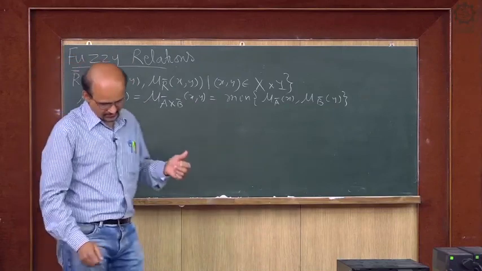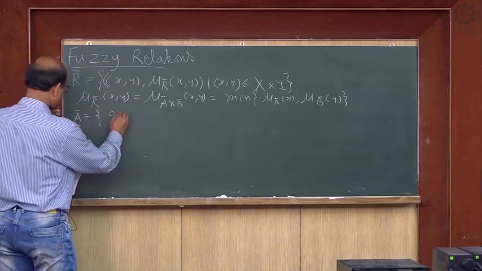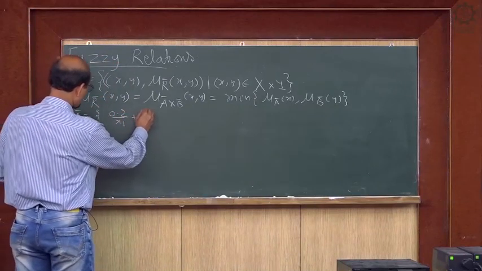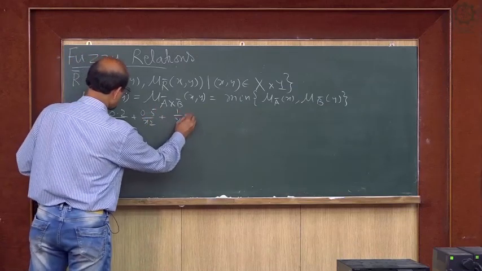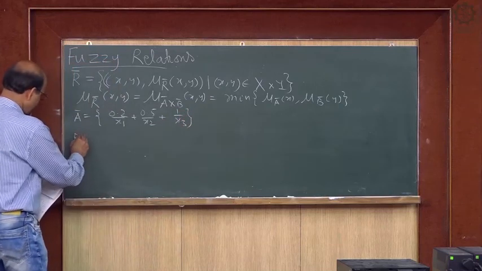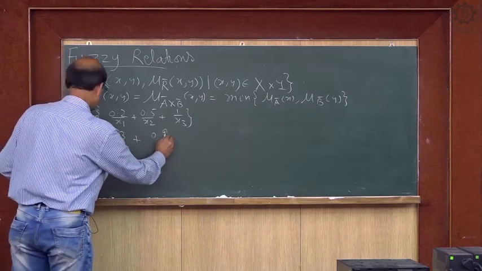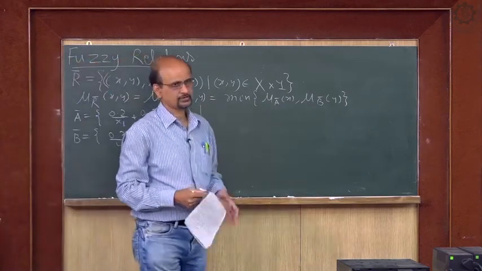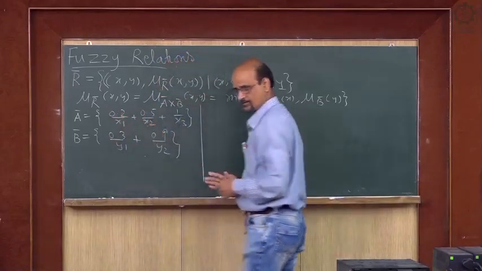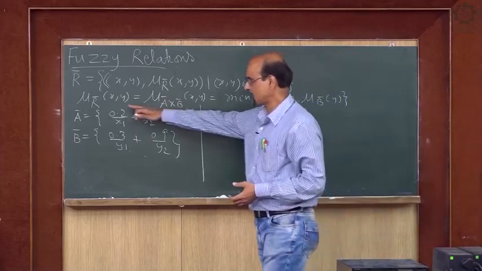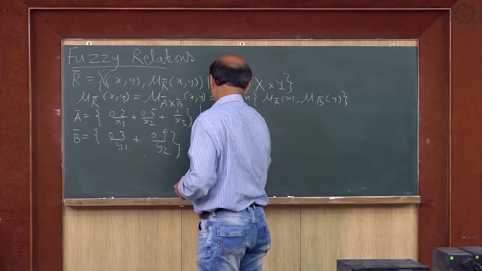Okay? So, we had the example as A bar is equal to 0.2 by x1 plus 0.5 by x2 plus 1 by x3. And B bar we had 0.3 by y1 plus 0.9 by y2. This is in capital X, this is in capital Y. Then I can form the relation matrix here, R bar.